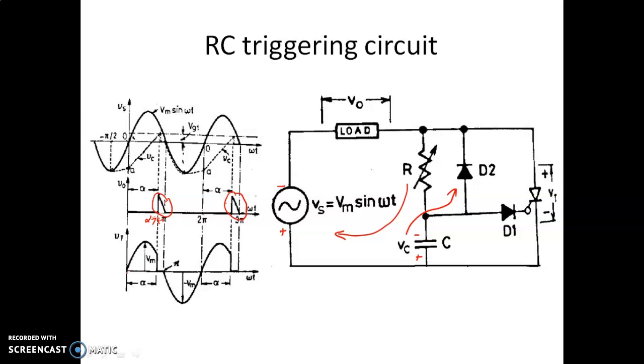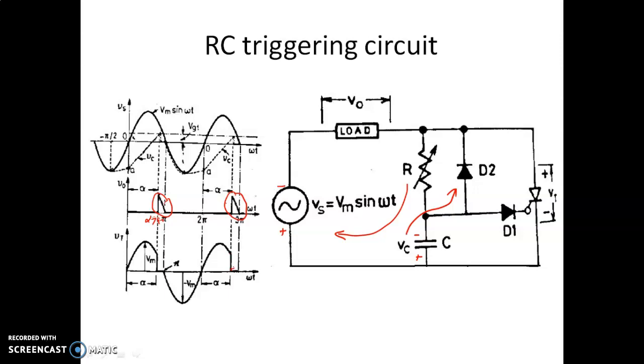This is the voltage across the thyristor. The thyristor voltage is equal to the input voltage until it is turned on. And during the negative half cycle, the thyristor voltage is equal to the input voltage, and until the next turn on of the thyristor, the input voltage comes across the thyristor.